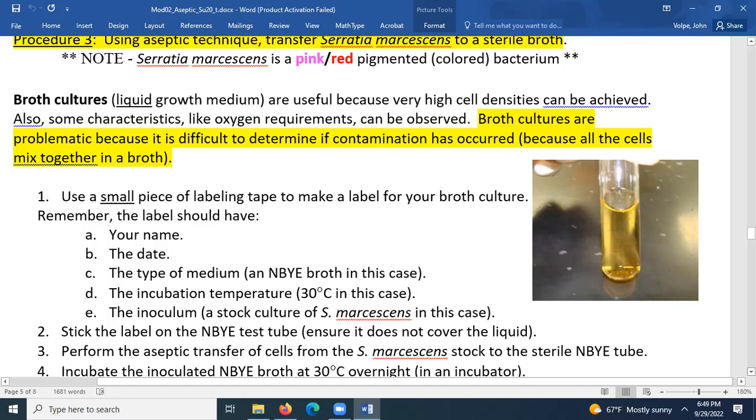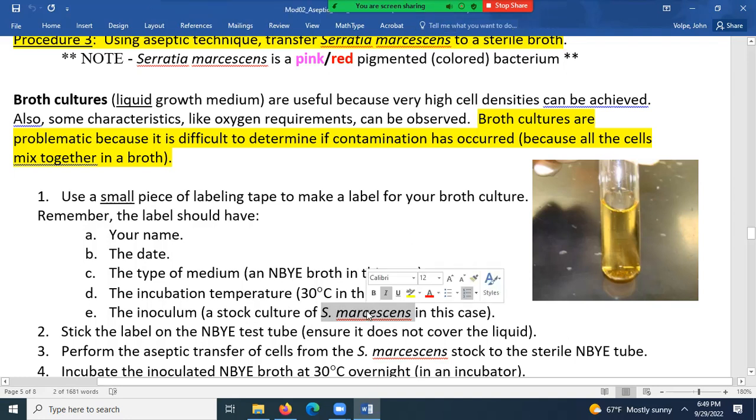So for procedure 3, label the tube with your name, the date, the type of media, which will be NBYE, nutrient broth with yeast extract, with the incubation temperature, which is optional, and the inoculant, which would be S. marcescens. Put the bacteria in, cover the container with the tube, and the tube should look like that before you begin.